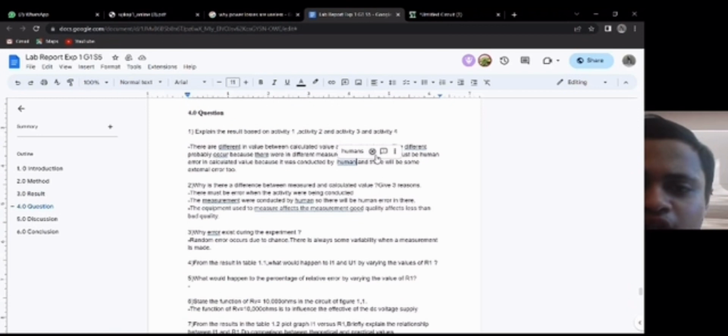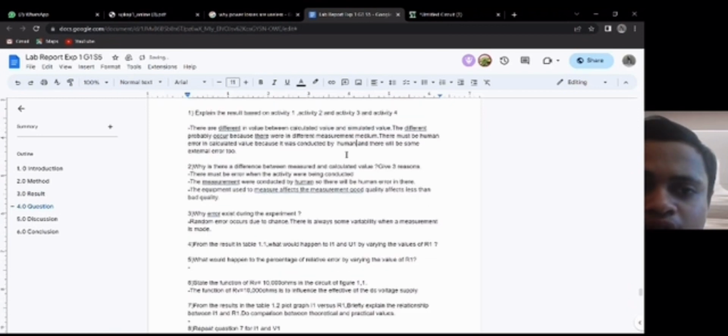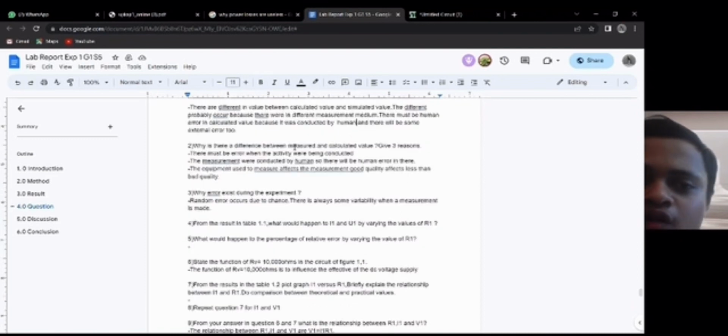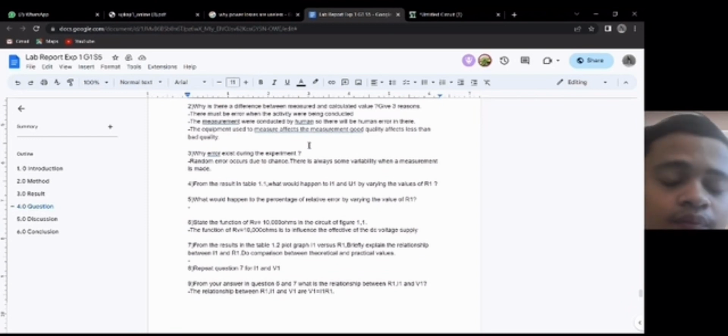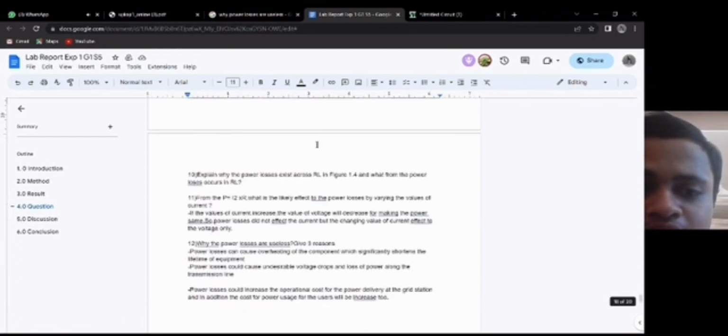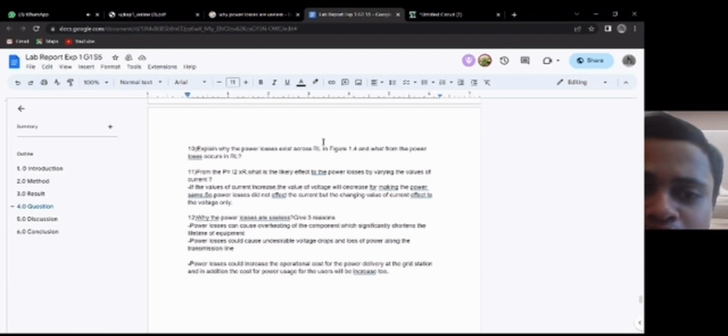So for the DC experiment, we need to explain the result based on the activities that we have conducted. We had to explain the difference between the measured and calculated value. So we need to explain the error, the table, and the function, and the power losses.